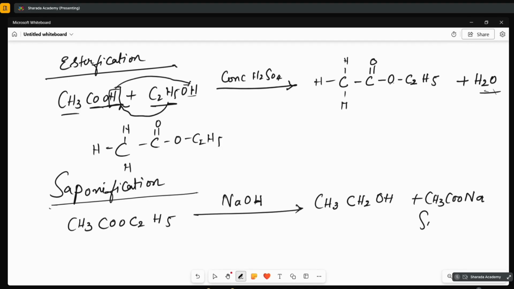This is sodium acetate. You will get sodium acetate.